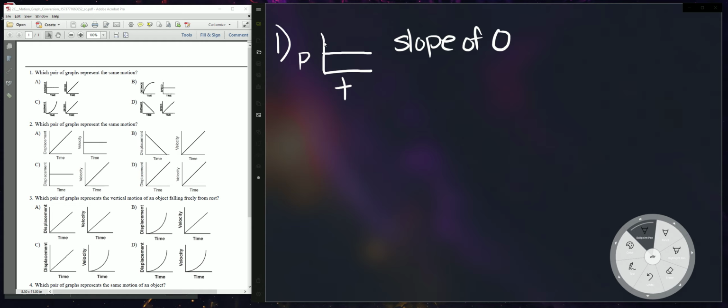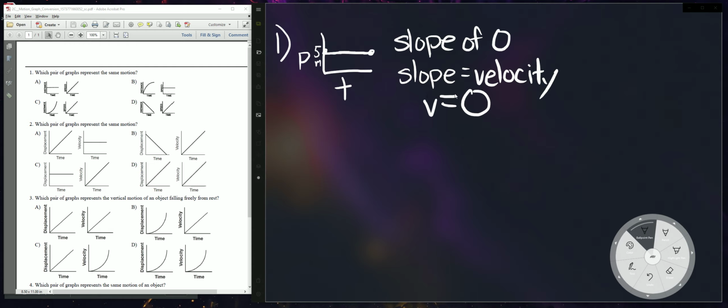If I see a straight line here, I'm staying at the same position. If I were to write a number, let's say 5 meters, I'm still at 5 meters over this period of time, so I'm not moving at all. And since slope is velocity on a PT graph, if it's not moving, our velocity, our speed, is 0.